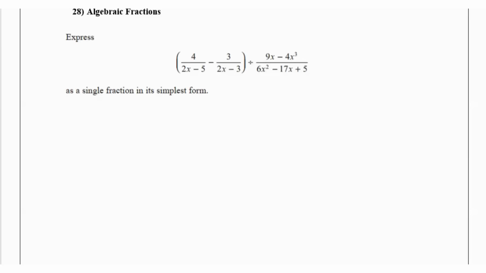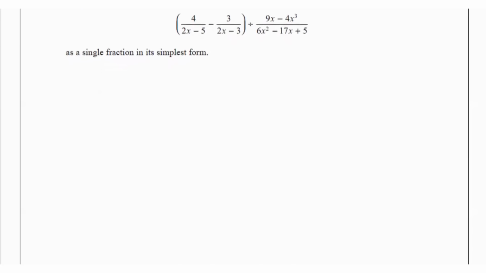So first, let's solve the first bracket. We have two fractions with unlike denominators being subtracted. So first, we need to make the fractions have the same denominator. We can multiply the first fraction by 2x minus 3 and the second fraction by 2x minus 5.